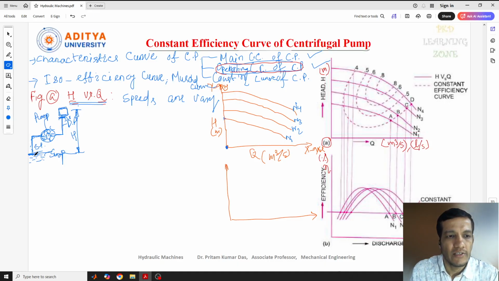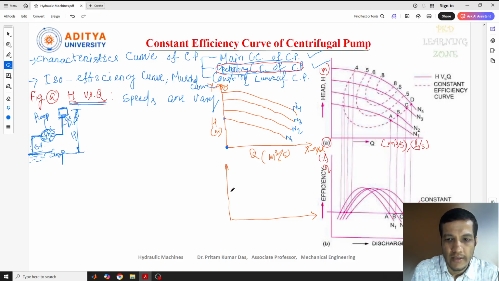As the discharge, the flow rate, increases, you can see our head value decreased. Why did the head value decrease? As I told you previously also, there will be some losses. Due to the losses, it starts reducing. So the maximum head can be reached at the 0 delivery point, 0 discharge value. This is the basic concept. Now we'll go for the next one.